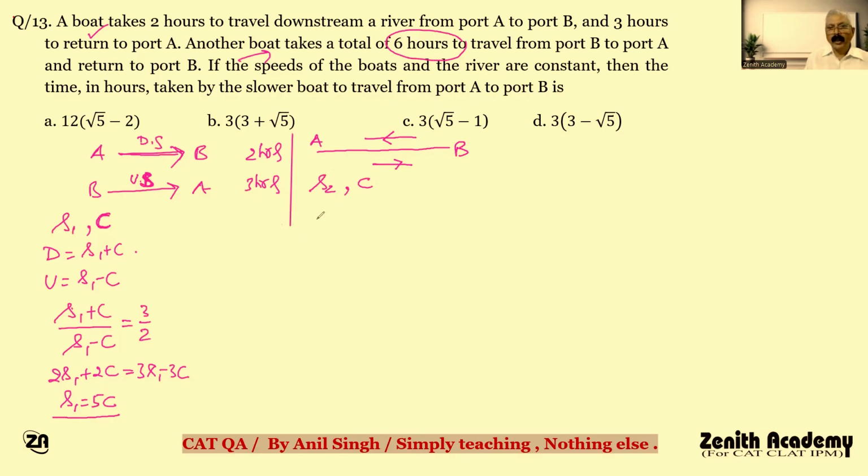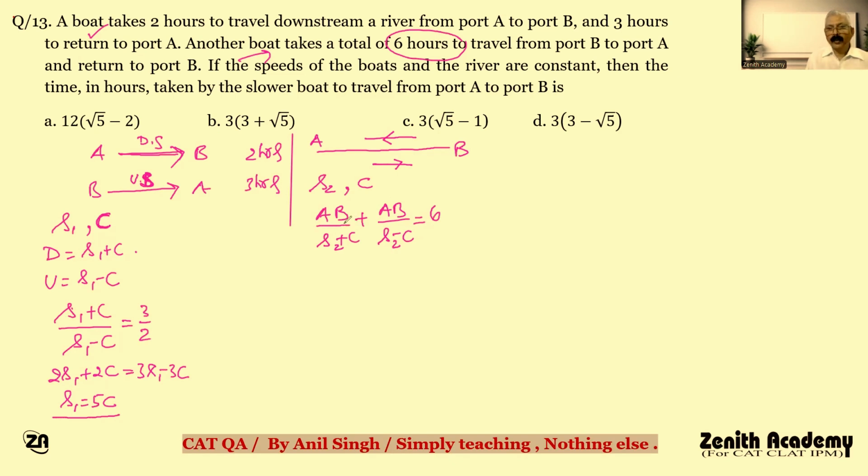It means AB upon downstream speed S2 plus C, plus AB upon upstream speed S2 minus C, is equal to 6 hours.